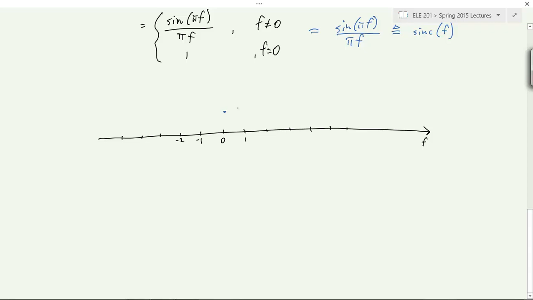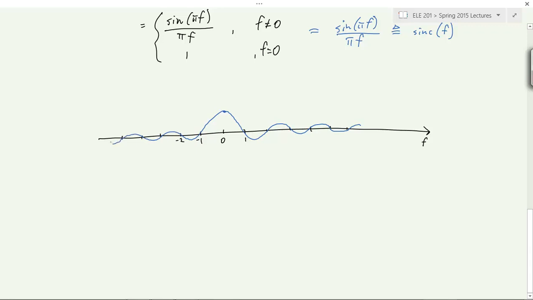It's a sinusoid that's getting tapered off as f gets large. In fact, it looks like this. Now, usually you think of sine as an odd function.